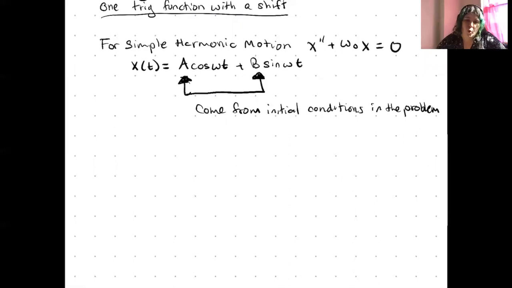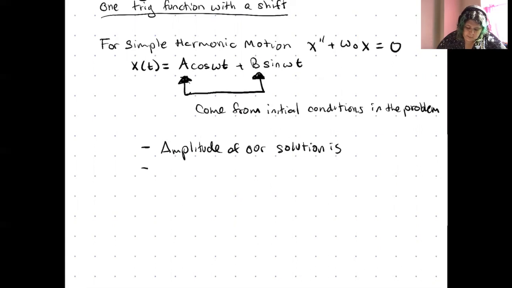But there is another form that we can get this solution to look like, so that we can easily pick off information such as what the amplitude of our solution is, what the period is, and things like the frequency.